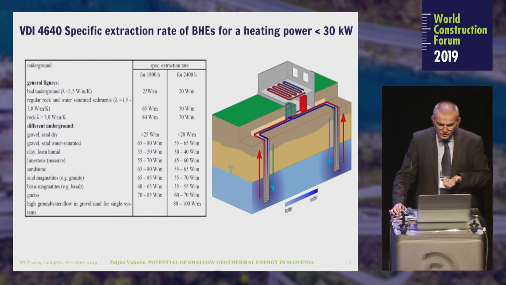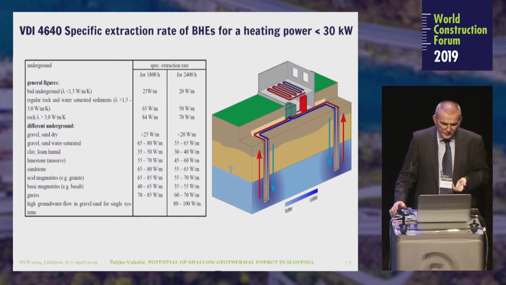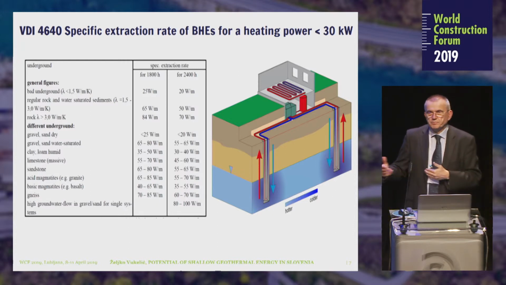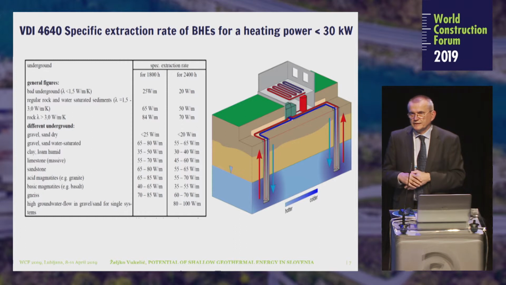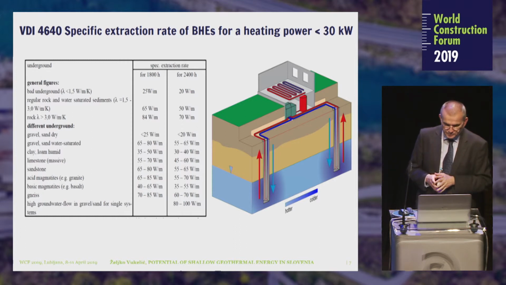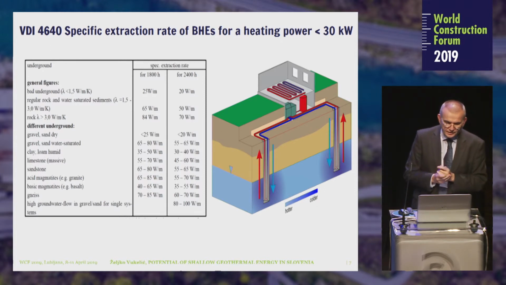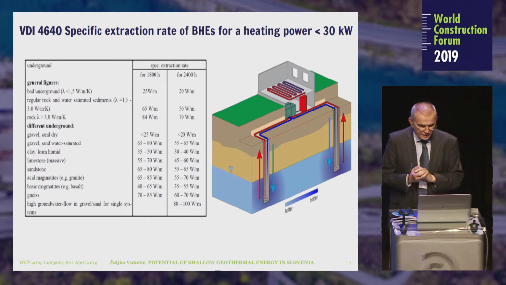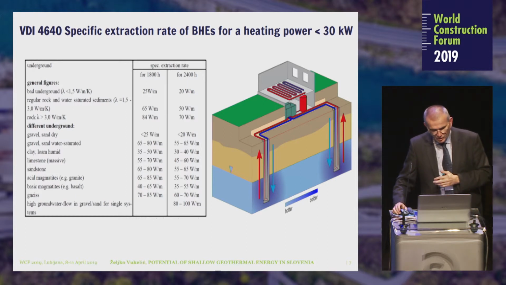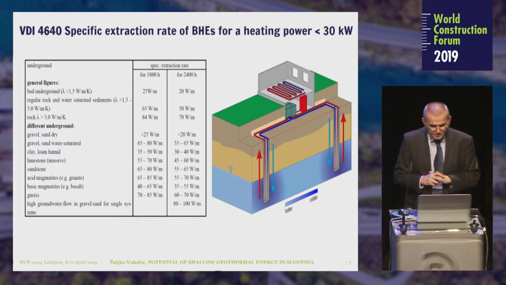So it depends. If you are living in the middle of South Slovenia, then you can expect that your heat pump will work about 1,800 hours per year. But if you are in the north, then you have to calculate about 2,400 hours. And of course, the capacity, the how many watts, is maybe a little bit different.